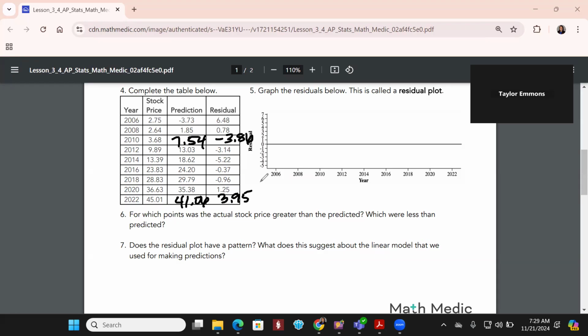Okay, so now we're going to graph the residual. We're going to graph the difference between the actual and predicted. So when we do that, we're going to take this last column and plot it. So we got this point, this point, this point, this point, that point.